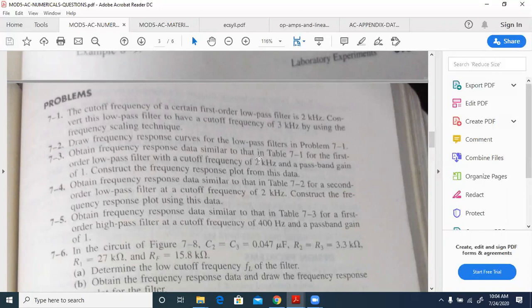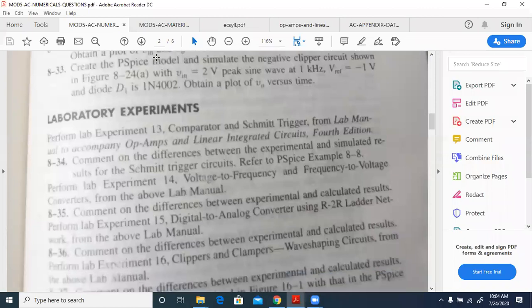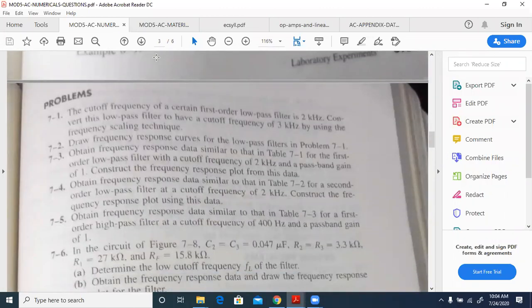For this 2 kilohertz value, which is the mid frequency, you take values above and below that and put them in the table, and then find for each of those frequencies the V naught by Vn, and then take 20 log of V naught by Vn. Then we can plot the x-axis frequency versus the dB value, but you have to plot it on the logarithmic scale.